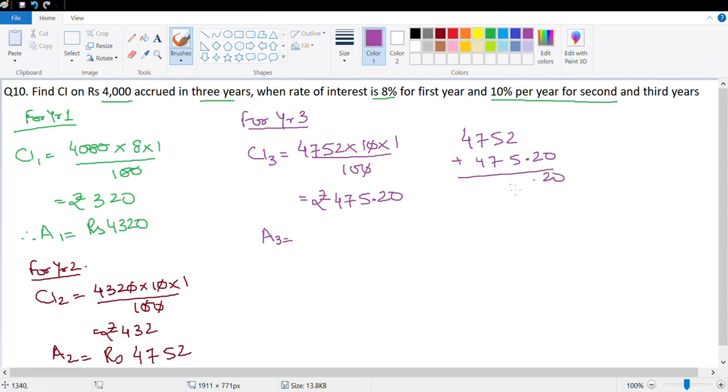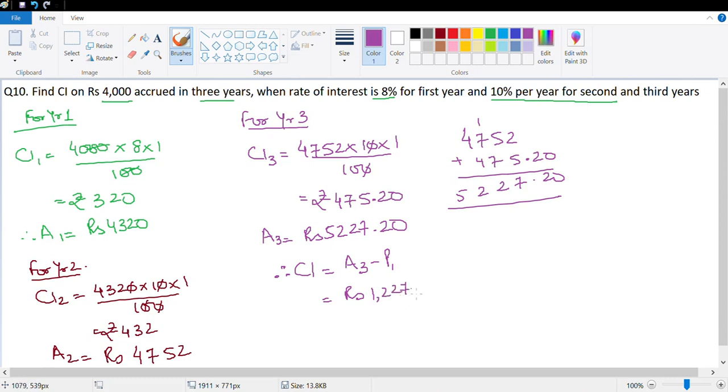That's 5227.20 rupees. Therefore, total compound interest is equal to final amount minus initial principal, which is equal to rupees 1227.20. Wonderful. That brings me to an end of the homework questions.